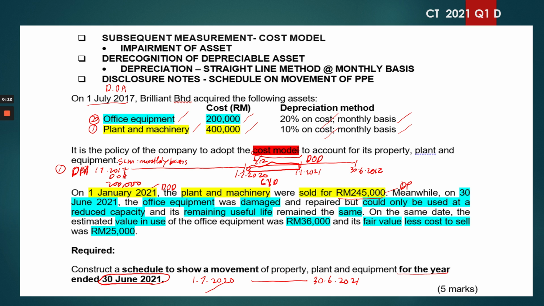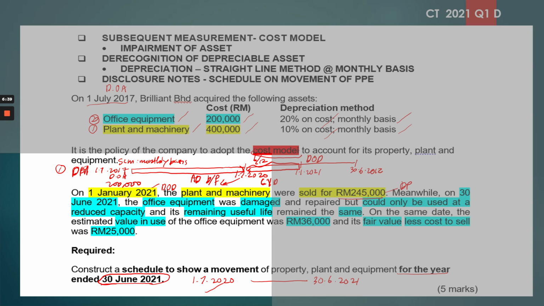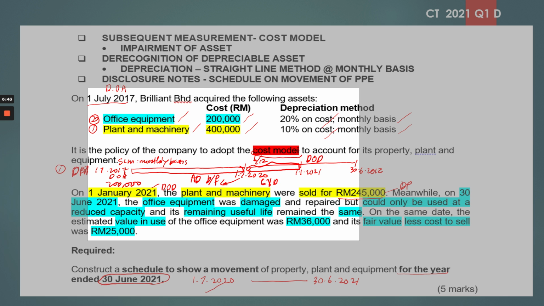And at the same time, you also need to find out what is the accumulated depreciation brought forward on this date, which is on 1st of July 2020. So you need to find out the accumulated depreciation, and from 1st of July 2017 up until the 1st of July 2020, this is 3 years. So we need to look at what we have.